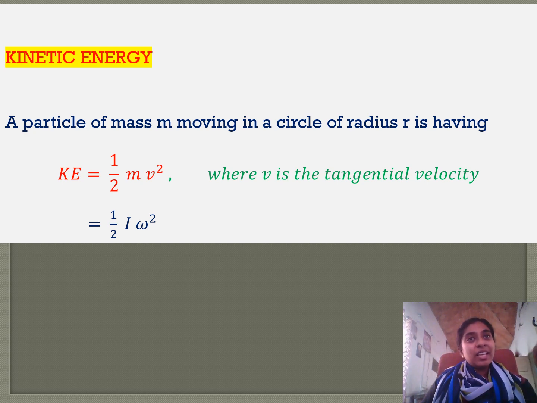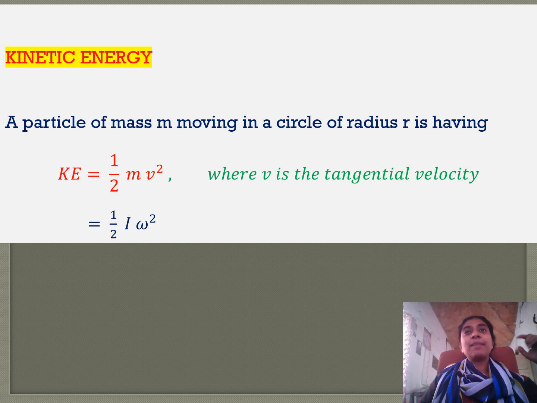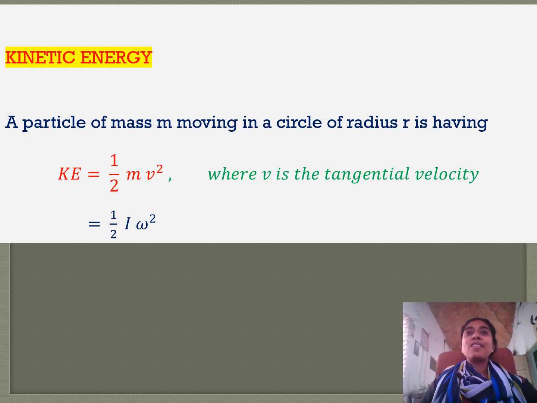So for linear motion, kinetic energy is equal to half mv square, where m is mass and v is the linear velocity. For curvilinear motion, kinetic energy is equal to half mv square, where v is the tangential velocity. For rotational motion, kinetic energy is equal to half I omega square, where I is the mass moment of inertia and omega is the angular velocity.